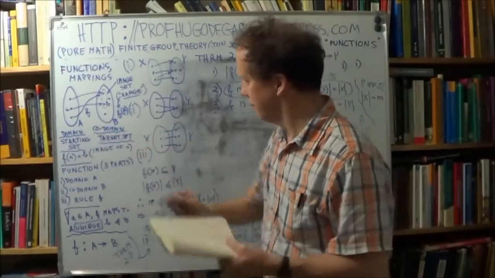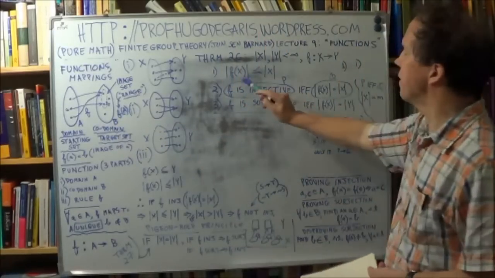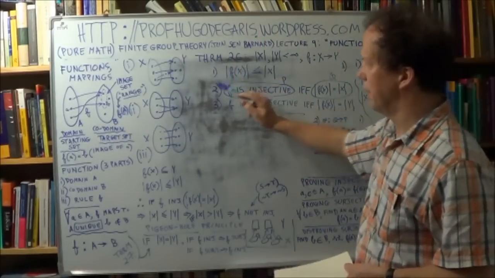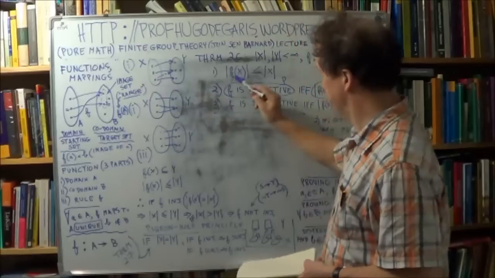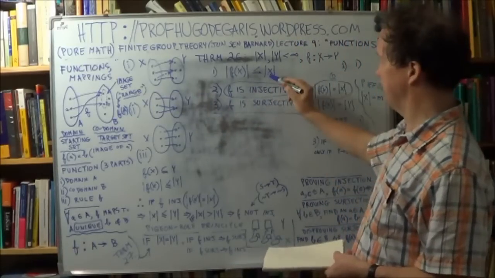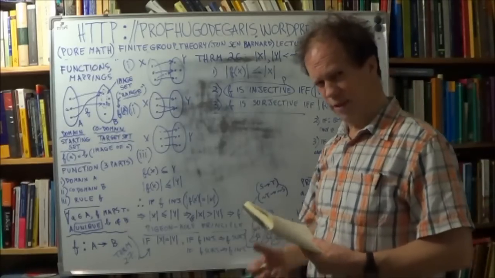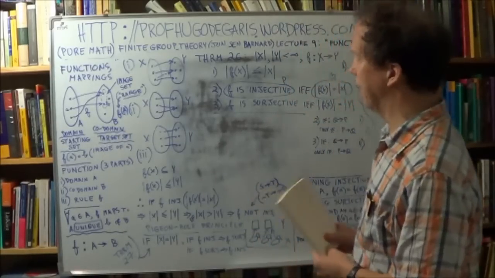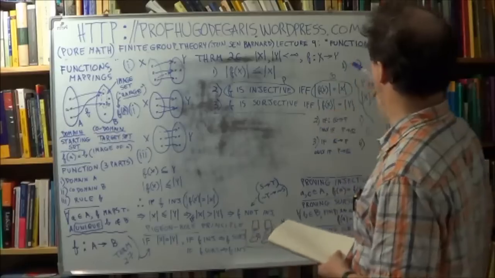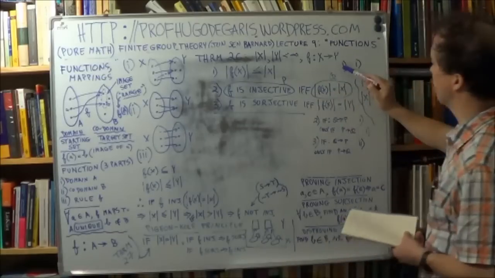Right? Well, so if you imagine here X and Y instead of A and B. Okay? So the size of your range, the size of your image set, is less or equal to the size of your starting set. Is that sort of obvious or not? I mean, I'm saying here, so this is the question, and this is sort of the answer.